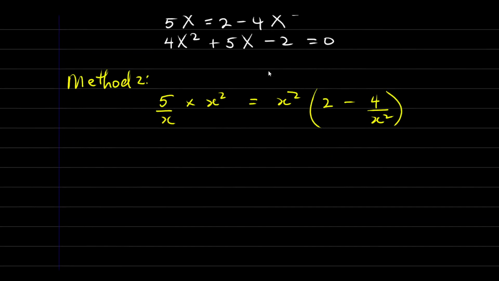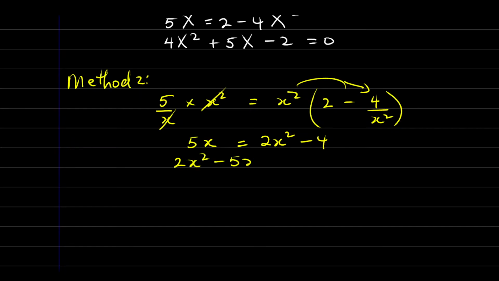Right? With this, I'm going to cancel 1 here, and I'm going to get 5x remaining. With this, I'm going to get equal to 2x squared, and then I'm going to put this over into here, and I will get minus 4. And then I make it subject to the formula again. I'm going to get 2x squared minus 5x minus 4 equals 0.